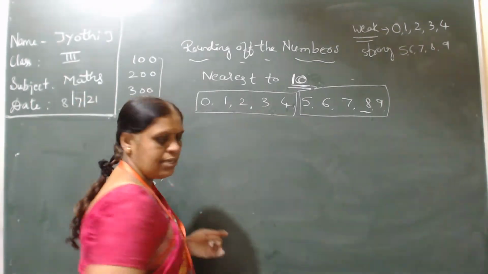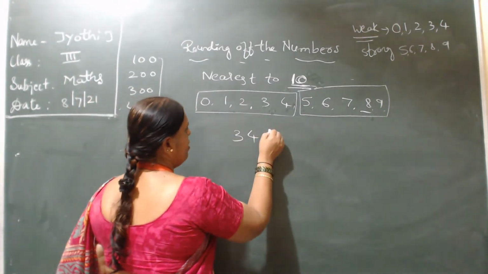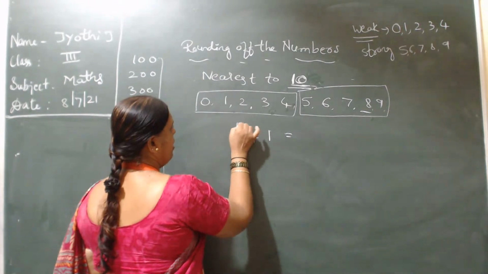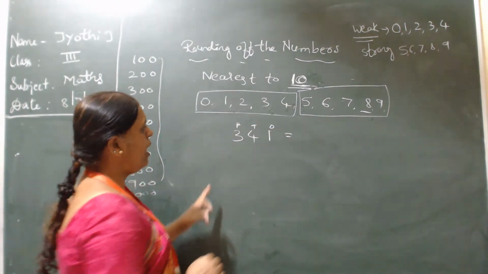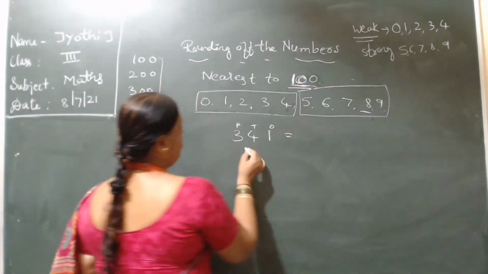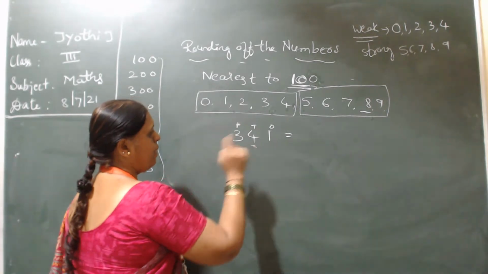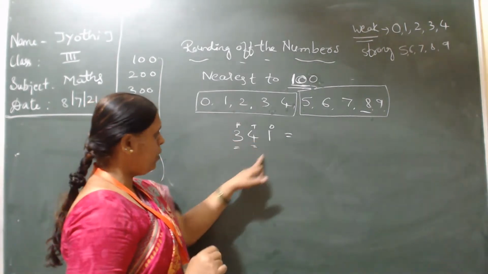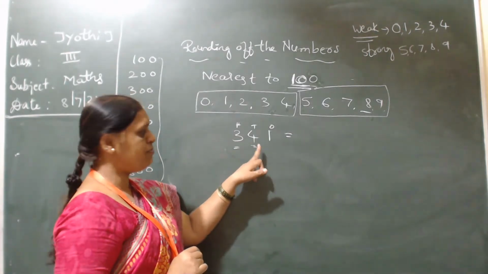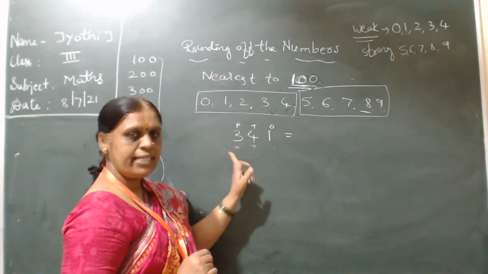Suppose the number is in hundreds: 341. Hundreds, tens, ones. When we are rounding to the hundreds, we have to see the tens digit. In 3, 4, 1, the hundreds place is 3, and the tens place is 4. 4 is in the first group, so it does not change the number.